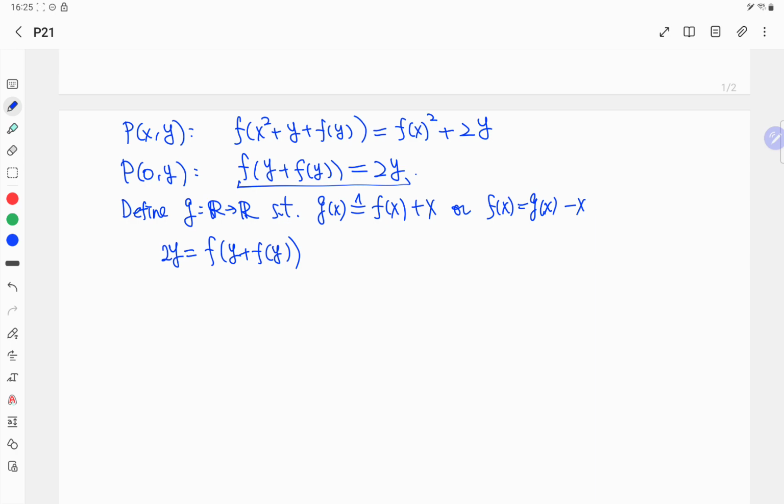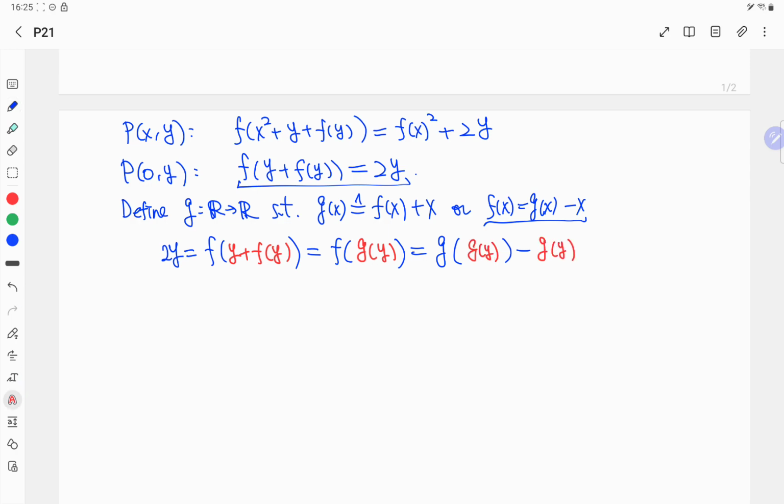Okay, so looking at this one, we can actually make it to be f of g of y, okay, so this is g of y. And making use of this expression, f of something will be g of this something minus this something, which is g of y minus g of y.